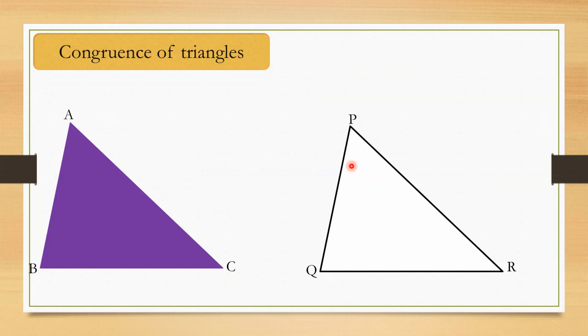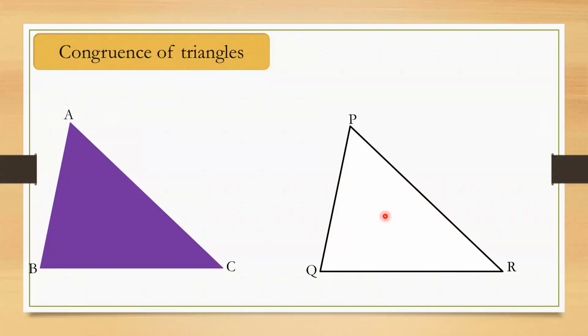That means one-to-one congruence is there. That means if I put point A on point P, point B on point Q, and point C on point R, both the triangles will be exactly equal. They will be back to back of each other, and they will match cut to cut.